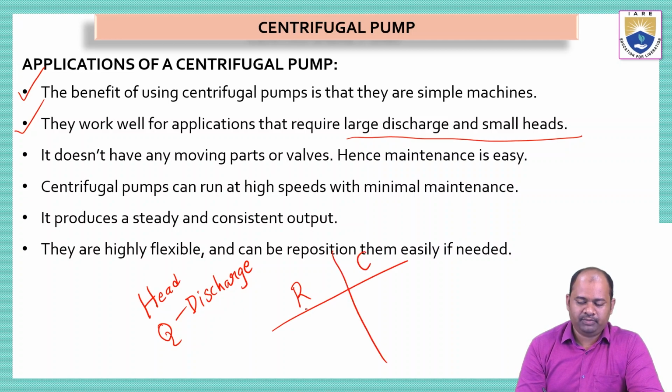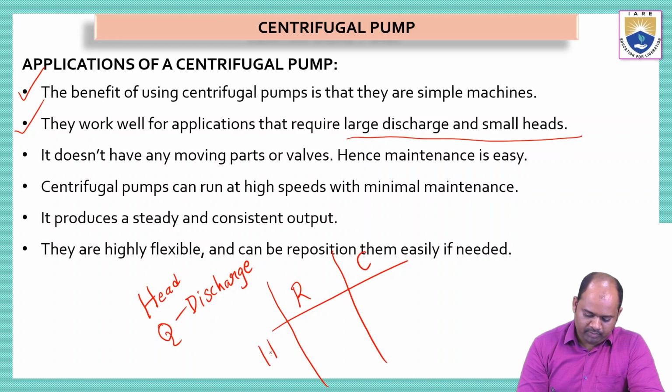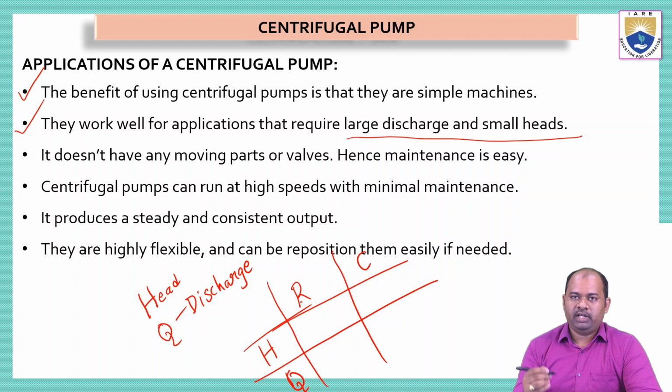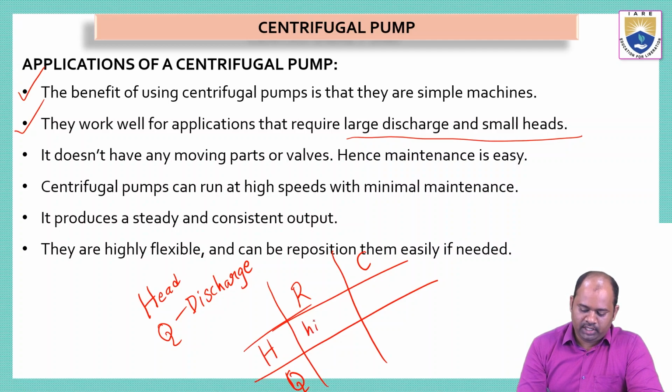R stands for reciprocating pump and C stands for centrifugal pump, and I am comparing these two. H stands for head and Q is the discharge. Okay. Now, in a reciprocating pump, we can get very high head, whereas in a centrifugal pump, we can get small head.